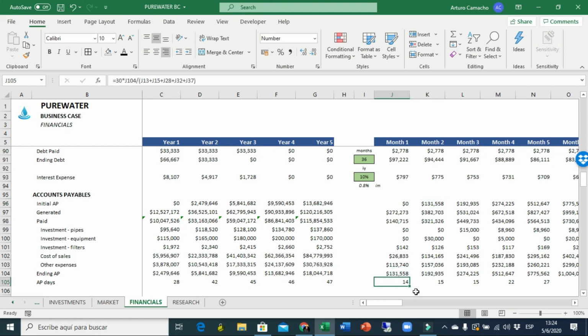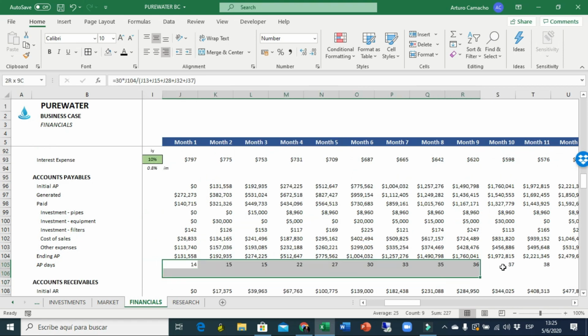Last but not least, we calculate the accounts payable days, which is an important figure in finance, and it's mainly 30 times whatever the ending accounts payable is divided by everything that is generated. And in the yearly section, we just take an average of the individual months.